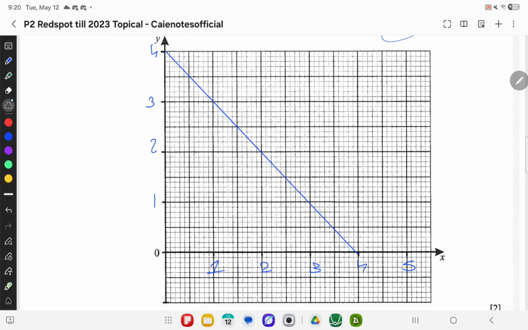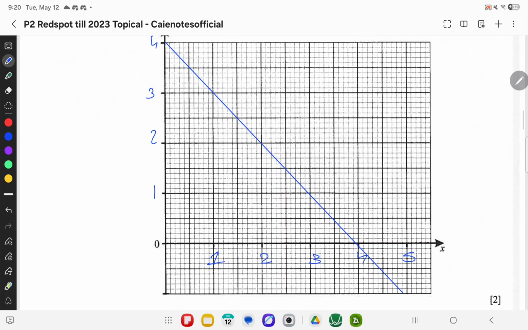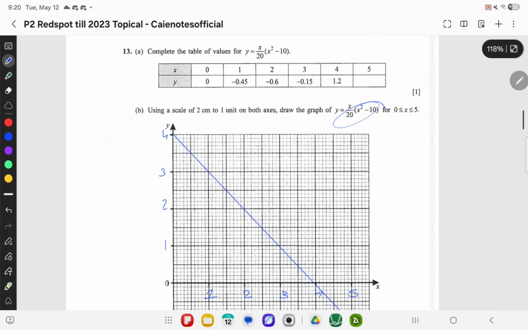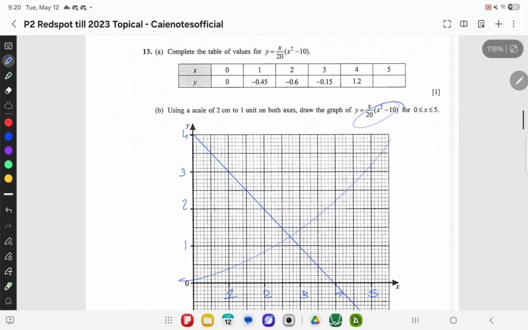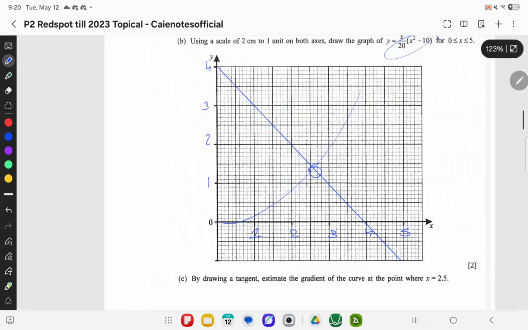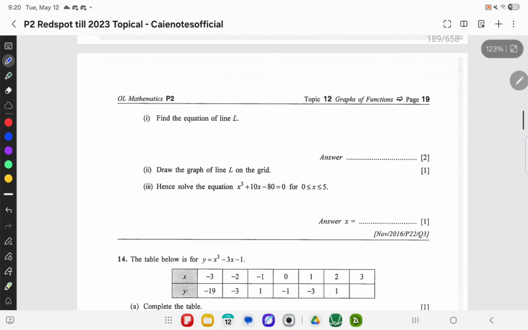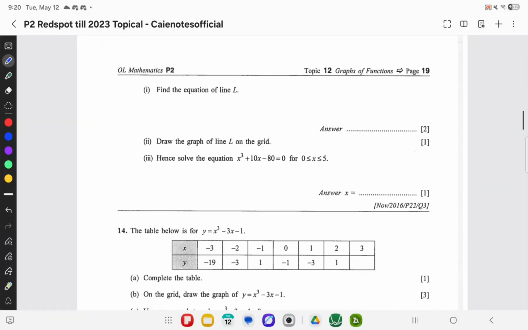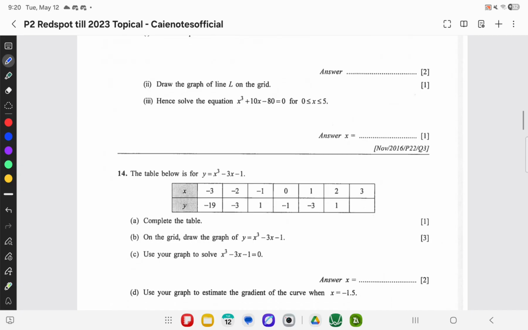Nice. So we draw this, and then we basically find the intersections. Like if we did draw this curve, it will be somewhat of a cubic. The intersection that we have over here will be the solution to the equation. Yeah, no worries.